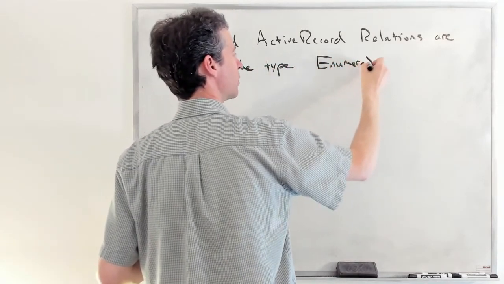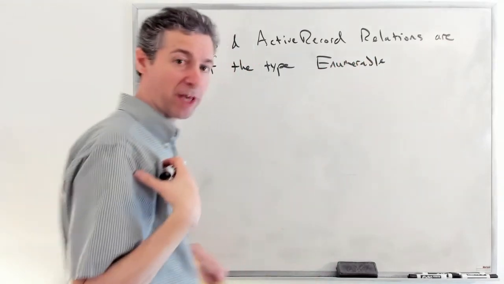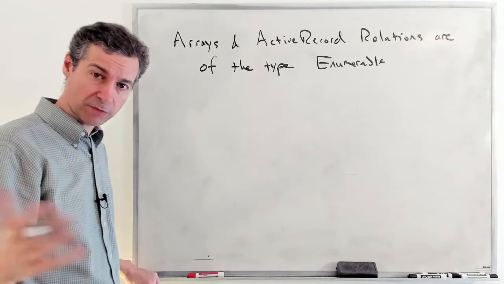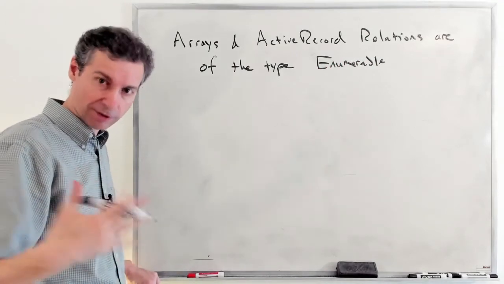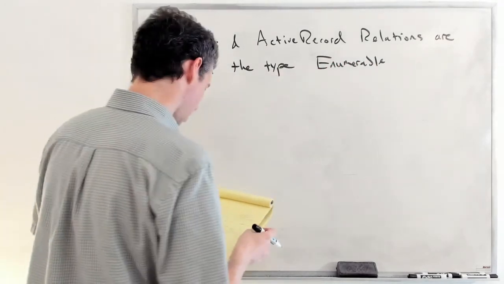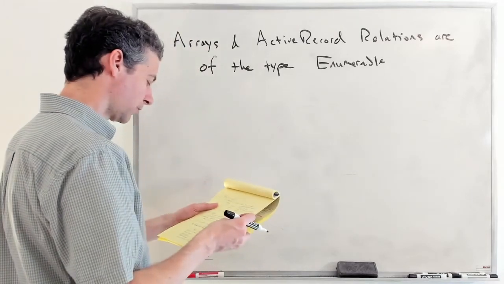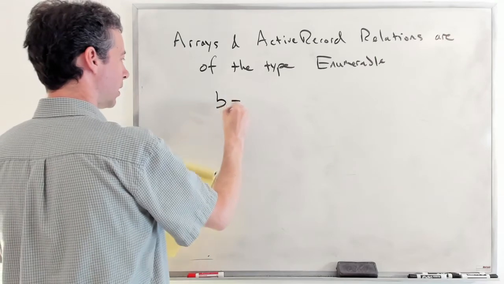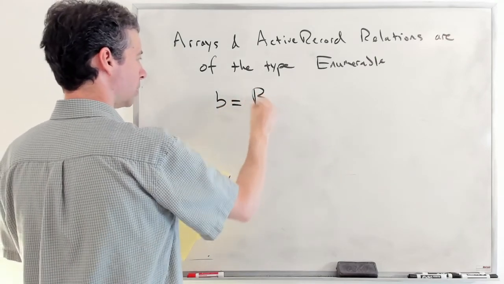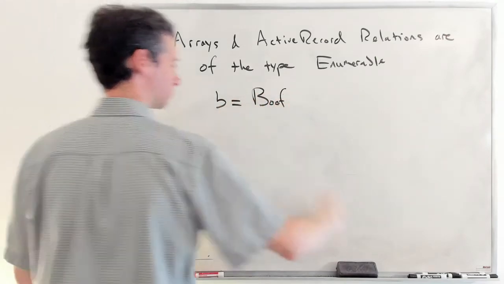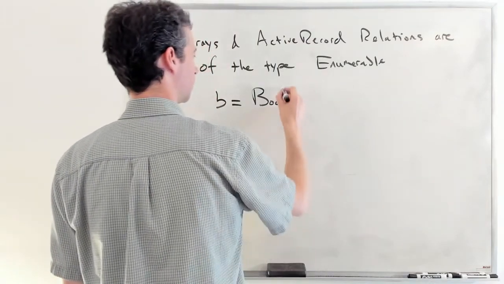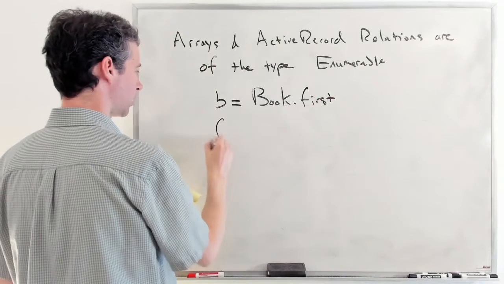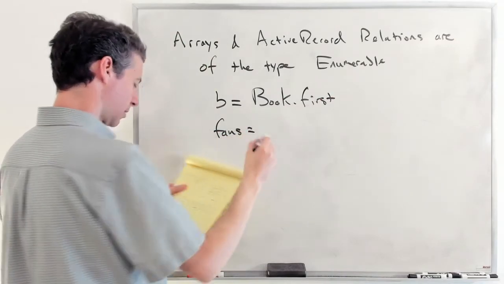Now you wouldn't know this, but if I wanted to automatically check, did you give me something that was like a collection, something that I could enumerate, iterate through? I can actually go and do, so for example, let's say I'm running this in the console or some code. I could take this first book, not a booth, but a book. And I could get the fans from it.